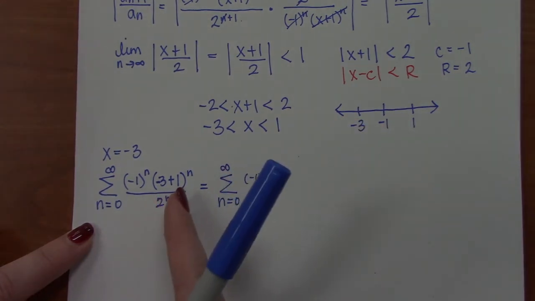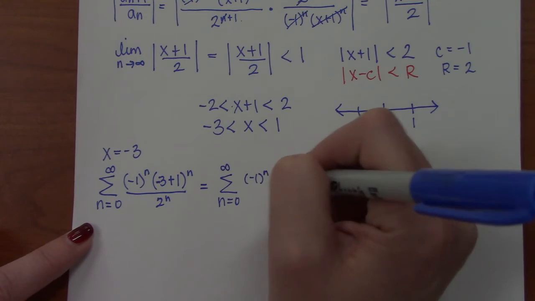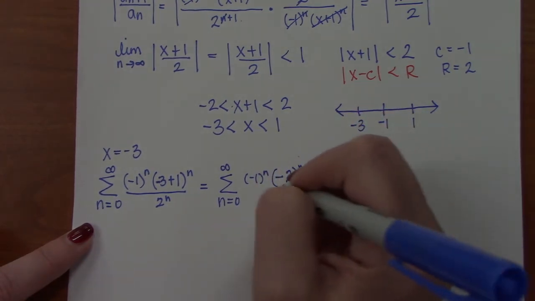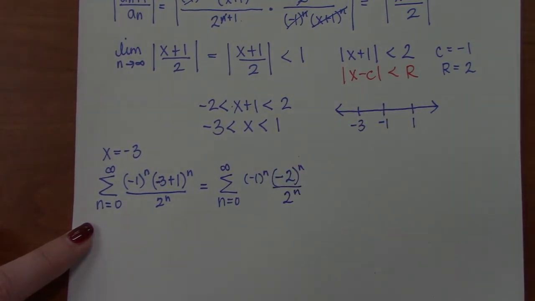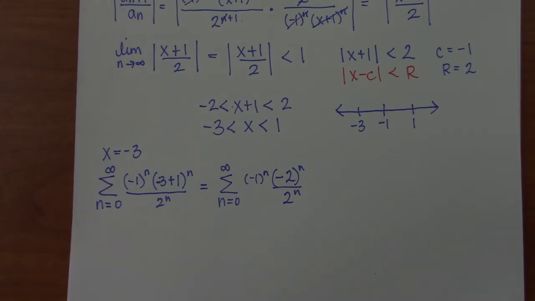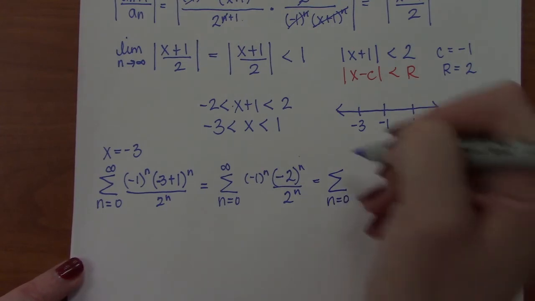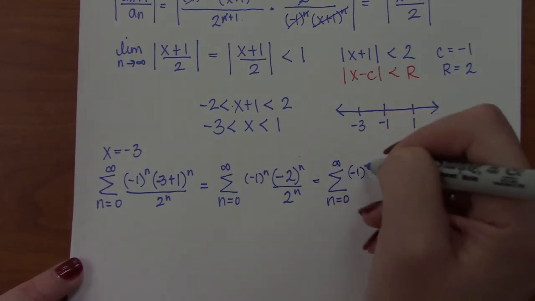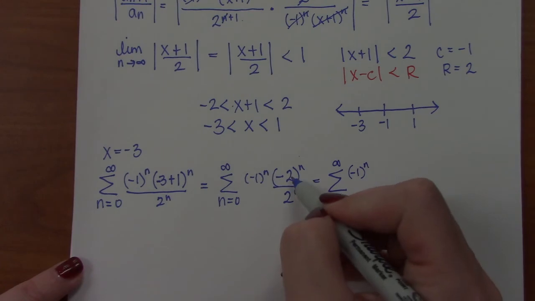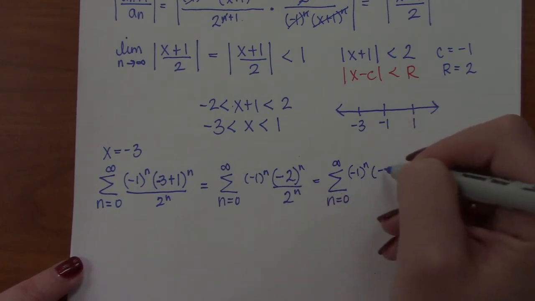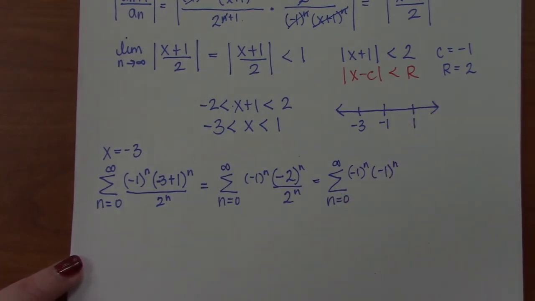And -3 plus 1 is -2 to the n on top, and I have 2 to the n on the bottom. So when you have two numbers, right, this could potentially be an alternating geometric series because I have a fraction of n's, but look what happens if I combine the 2's. Well, I'm going to leave the -1 out front, just leave that alone for a second. -2 divided by 2 is -1 to the n.